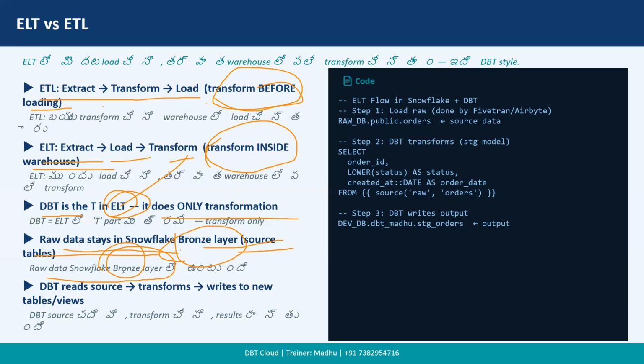So DBT is not going to move the data, just transform it. The results are written back to silver or gold tables in Snowflake. Remember this one. Next, we will move to the next slide.